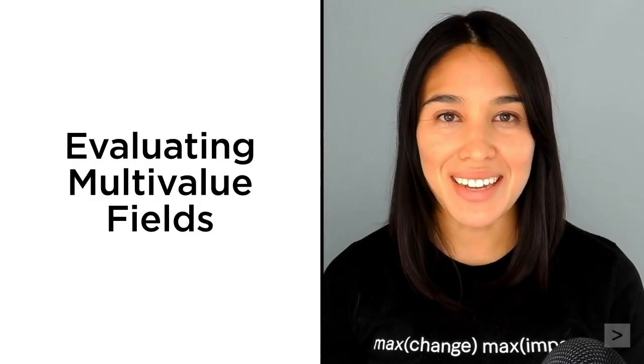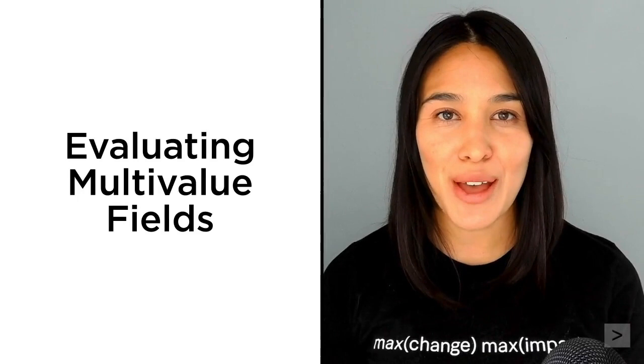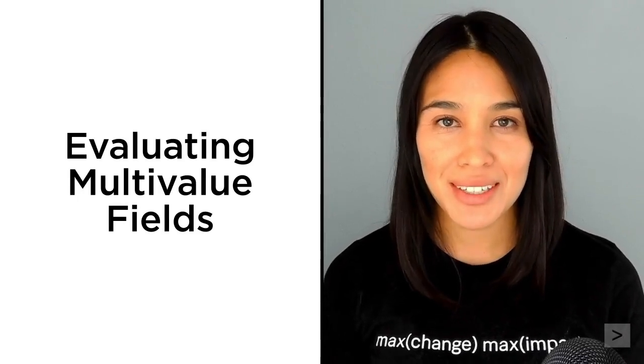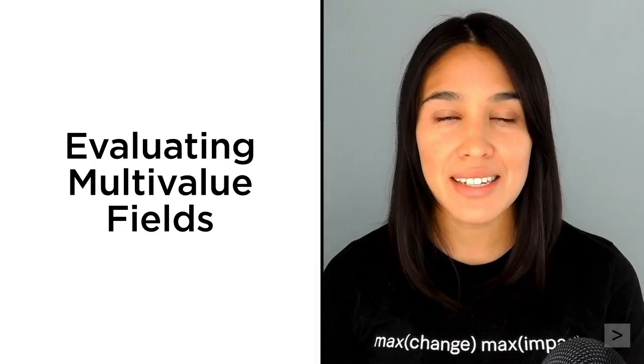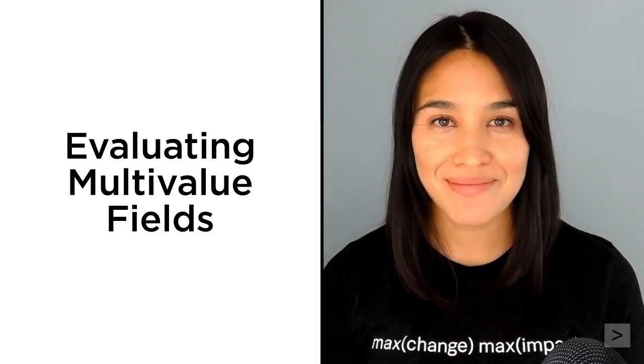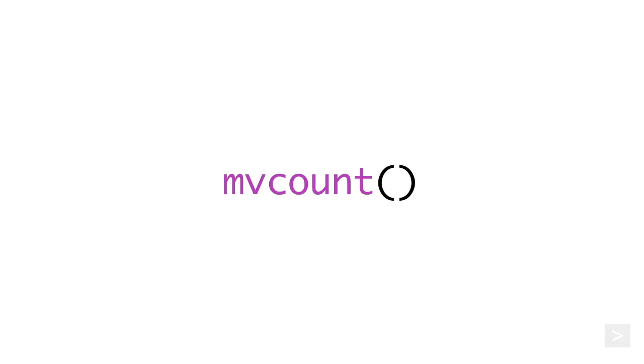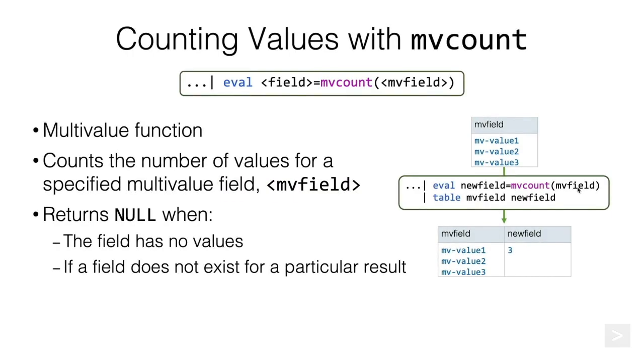The eval command allows you to use functions to evaluate multi-value fields, including the mvCount, mvIndex, and mvFilter functions. The mvCount function counts the number of values for a specified multi-value field. mvCount will count the number of values in a multi-valued field for each result.